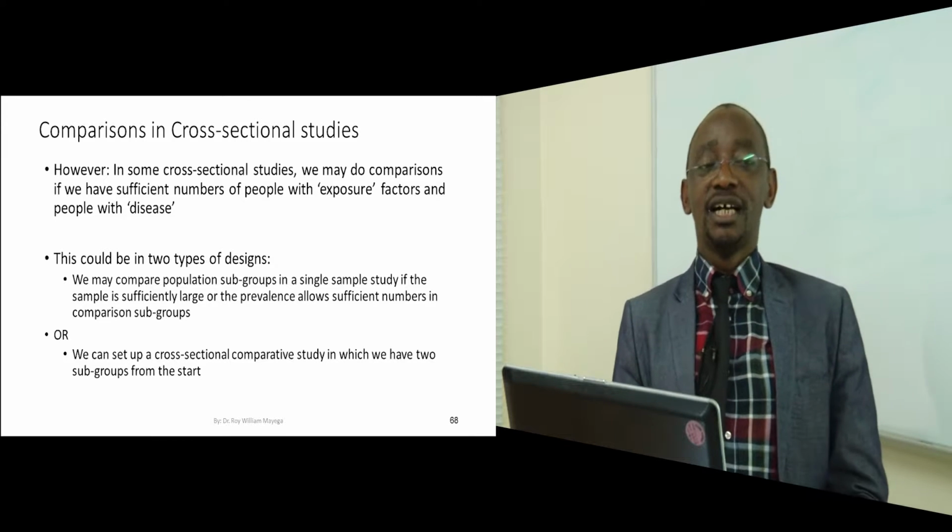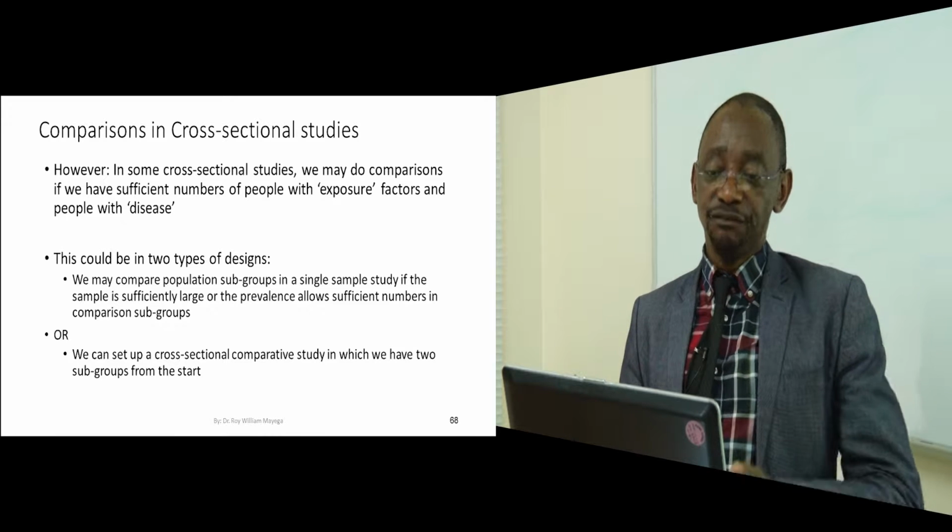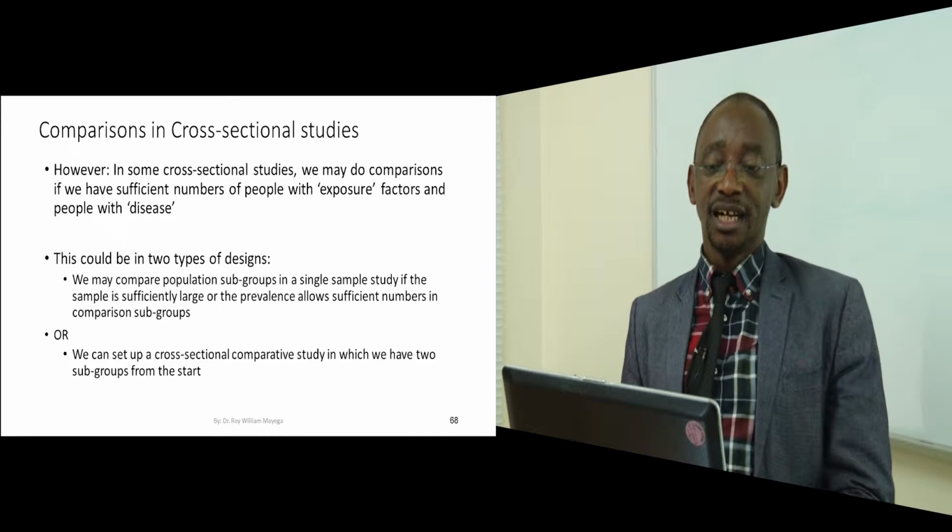Then we have the non-exposed group, that is the people who have sufficient physical activity. Then we have some outcomes, like for instance, the people who have a high blood sugar and the people who have a normal blood sugar at that point in time. So we can compare. We can compare in two types of designs of cross-sectional studies.